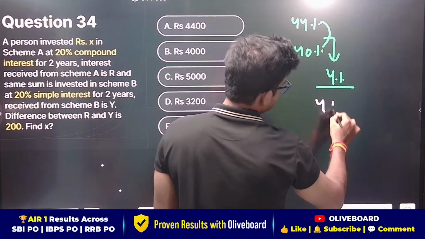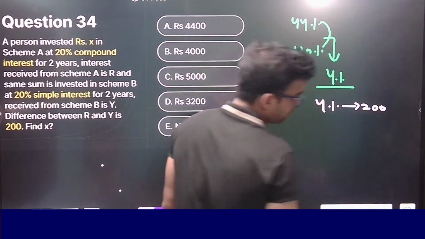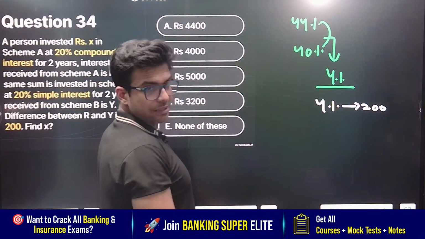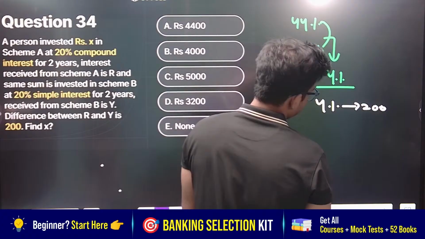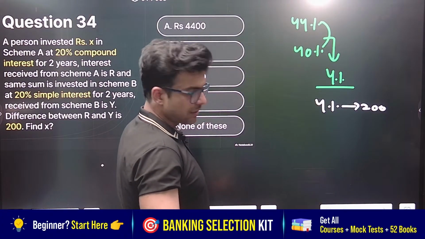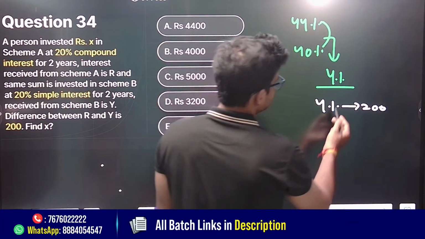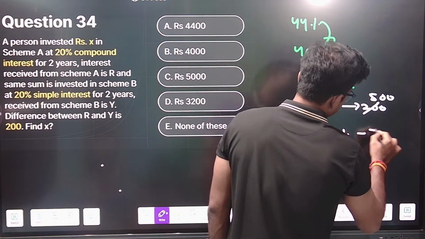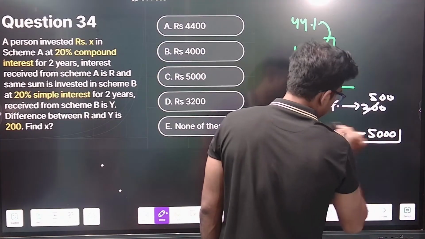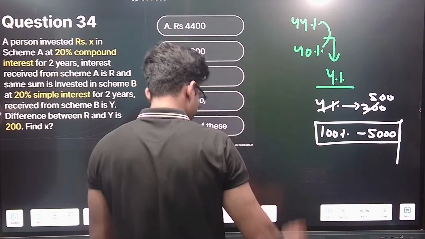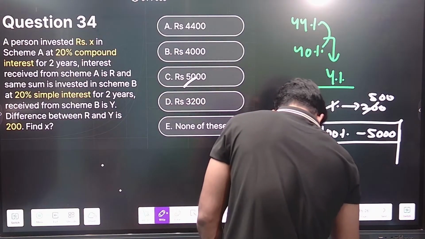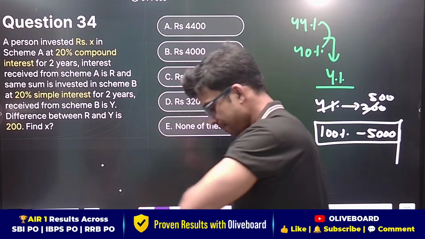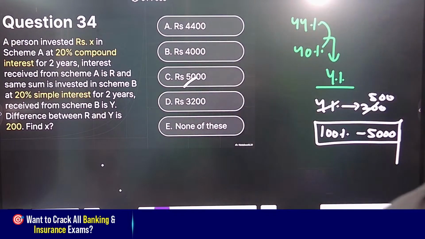So 4% is equal to 200. Then 100% is 5,000. Correct, yes or no? See, 100% would be 5,000. Simple. As simple as possible.